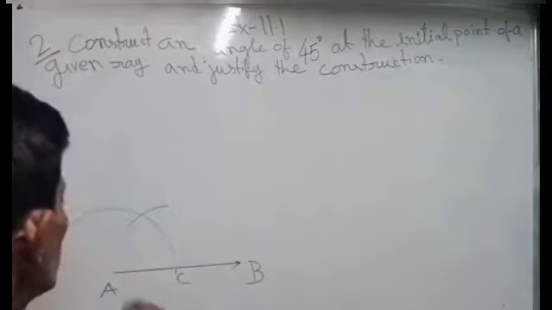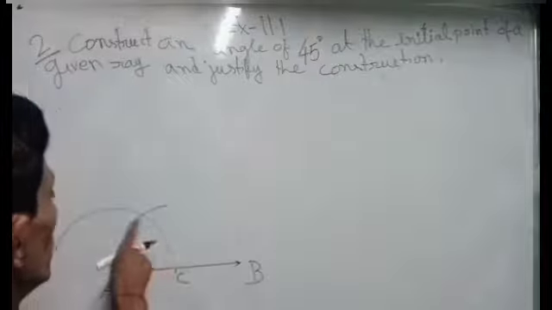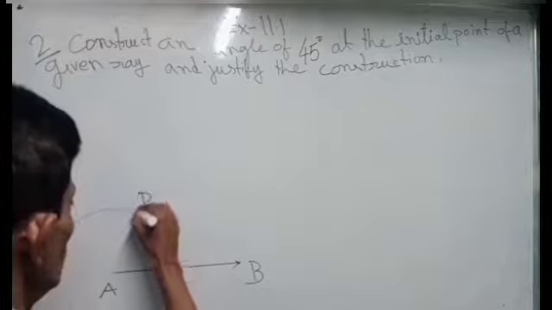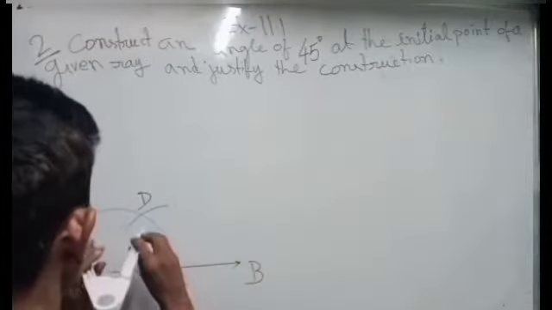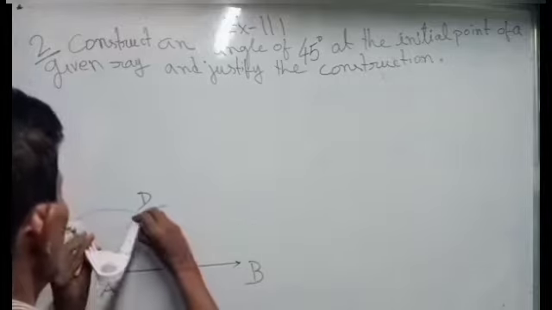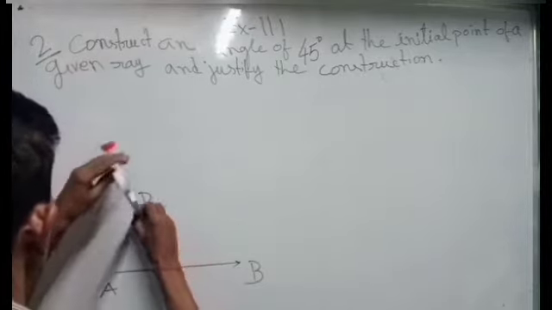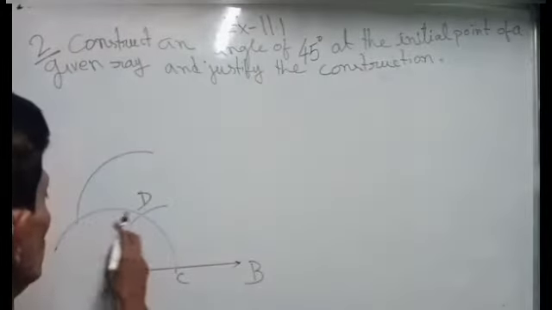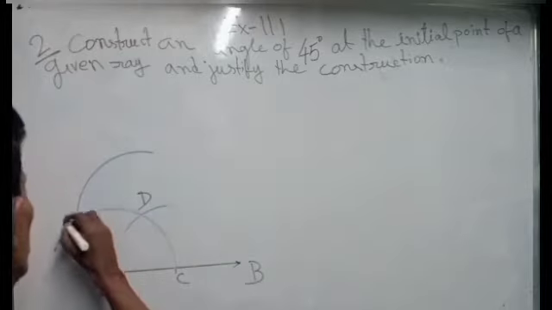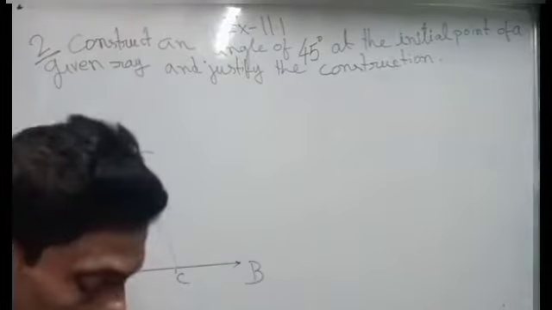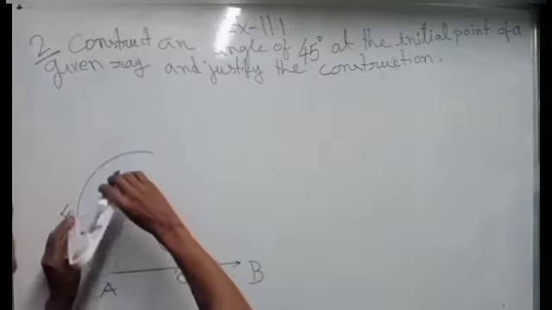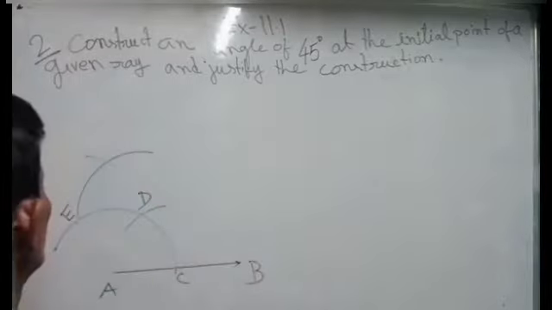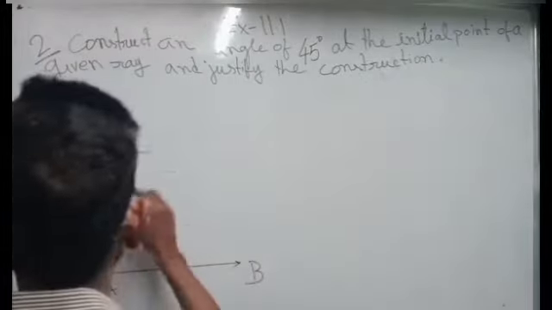This arc intersects the previous arc at D. Now D is the center, with the same radius, I have drawn another arc. This arc intersects the first arc at E, and E is the center, with the same radius, I have drawn another arc. This arc intersects the previous arc at F.